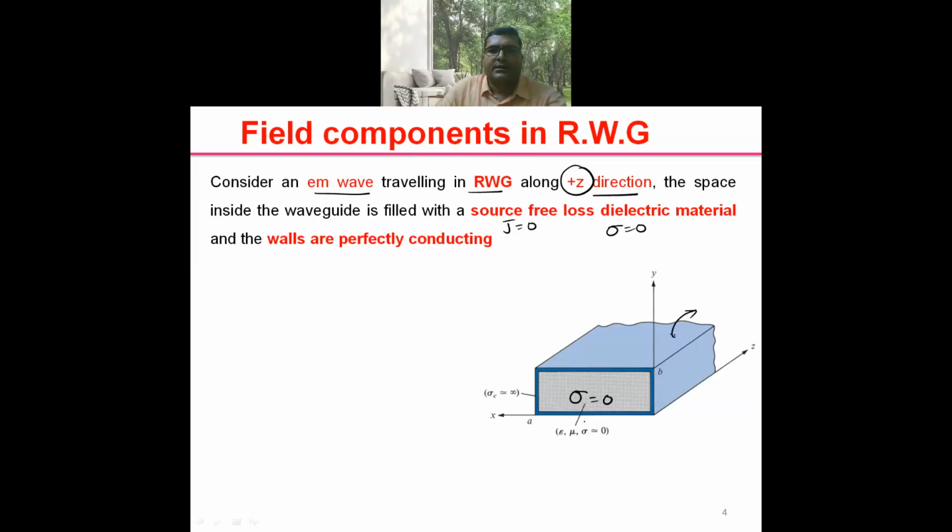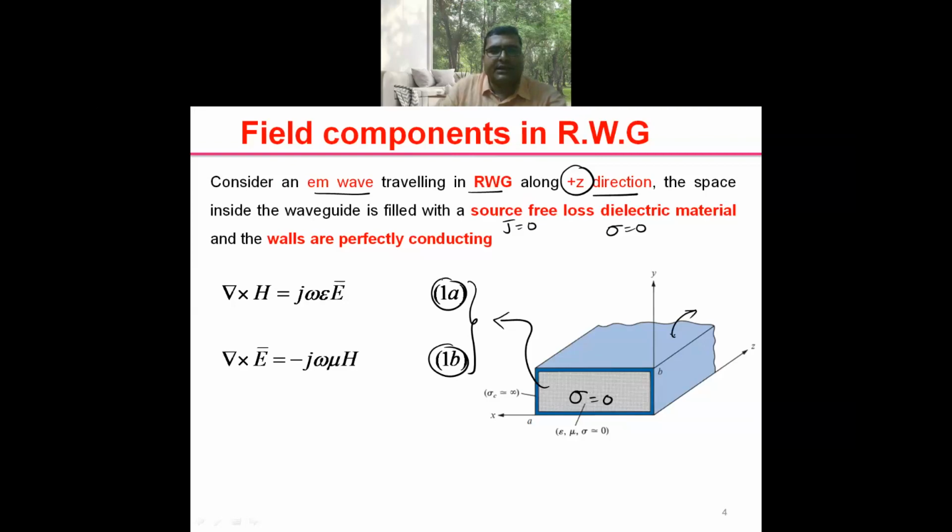Based on that, if we substitute the properties of wave propagation inside the waveguide, the Maxwell equations become del cross H is equal to j omega epsilon E, equation 1a, and del cross E is equal to minus j omega mu H, equation 1b.